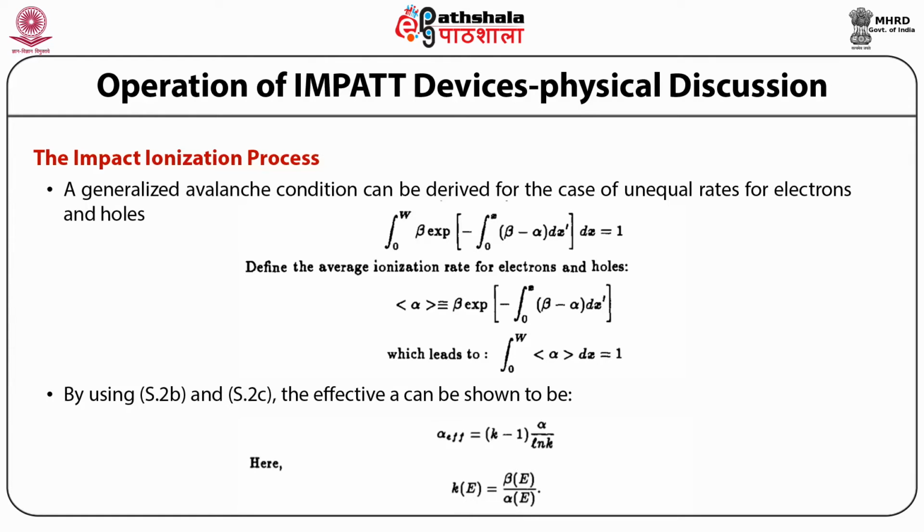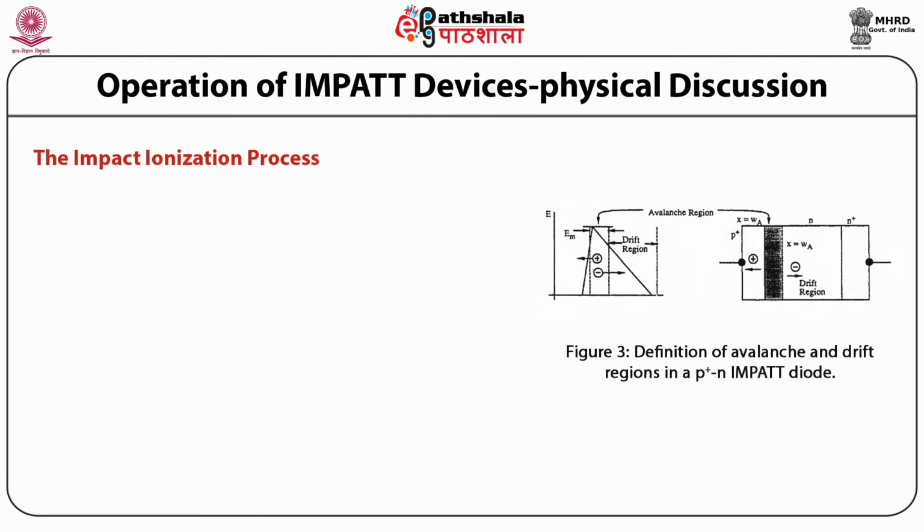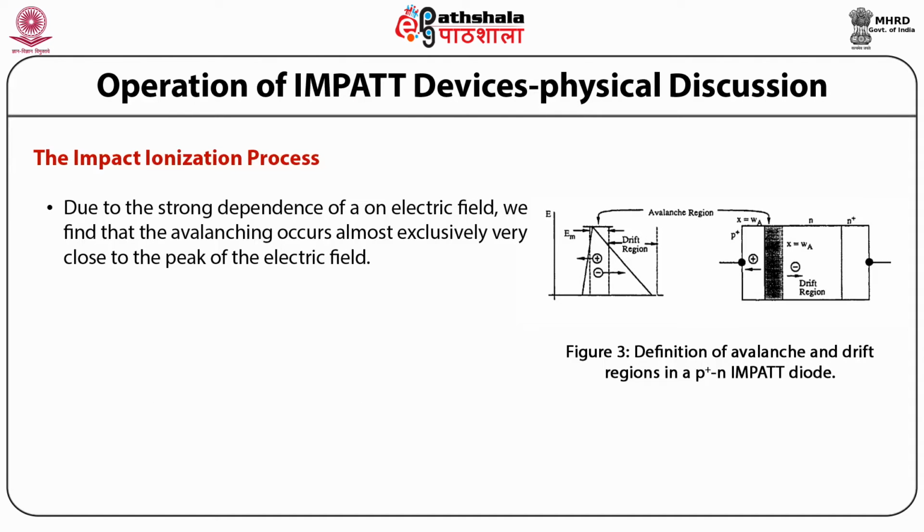This value of the average alpha can be used with very accurate results for gallium arsenide. Now, due to the strong dependence on the electric field, we find that the avalanching occurs almost exclusively very close to the peak of the electric field.